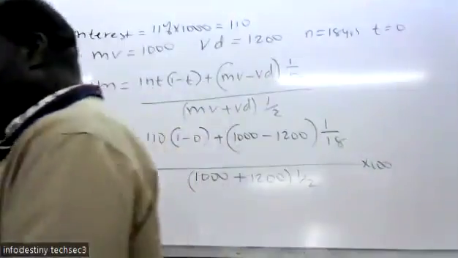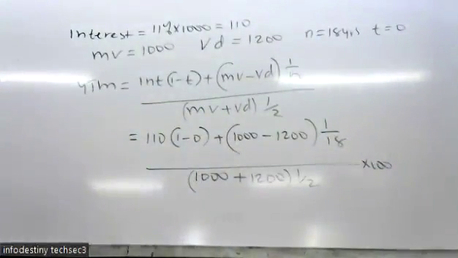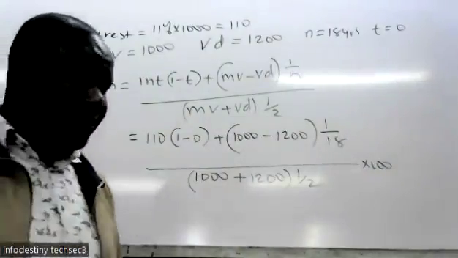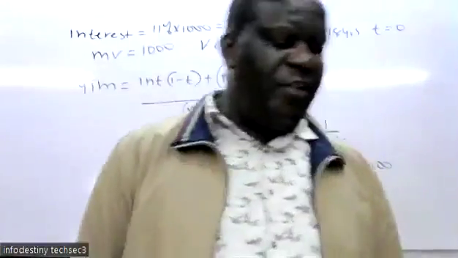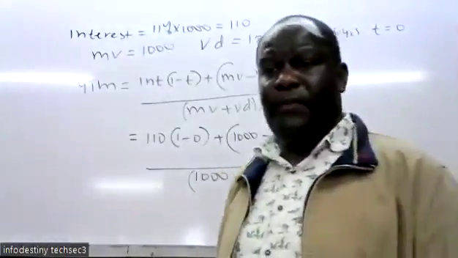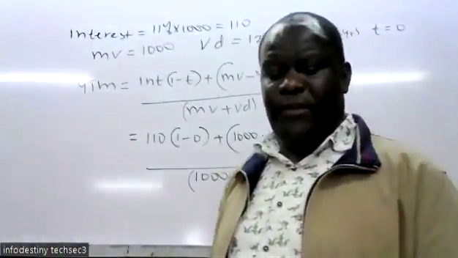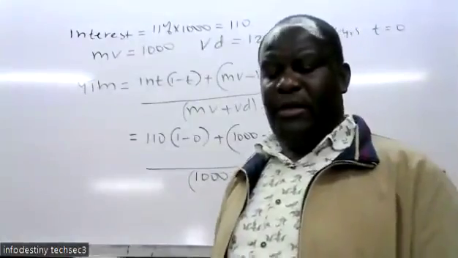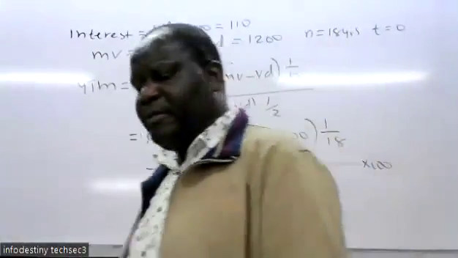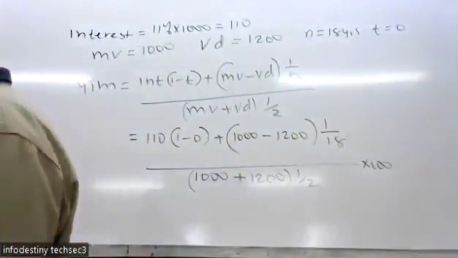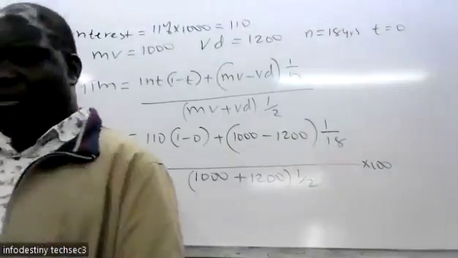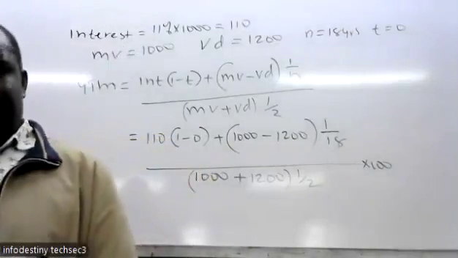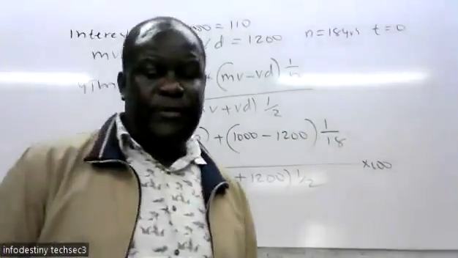The bond pays interest annually and has 18 years to maturity. The company's tax rate is 13%. Required, Roman numeral 1, the current yield of the bond.